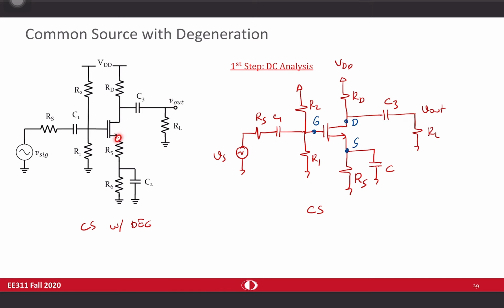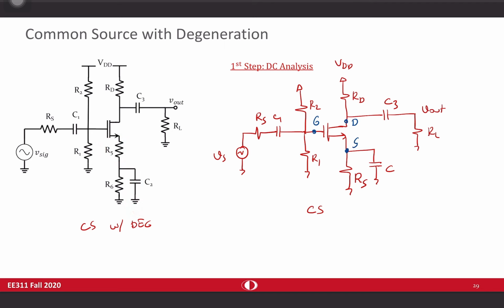But when you take a look at the source, source is not AC-wise grounded. This node is AC-wise grounded, but between AC ground and the source of the transistor, we have an extra resistor. So it's not exactly common source. Source is not grounded, but because of this R5, it's called common source with degeneration.